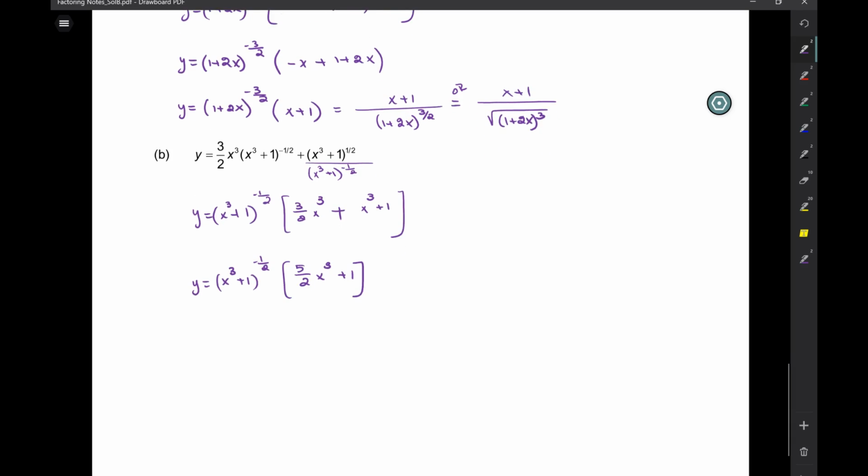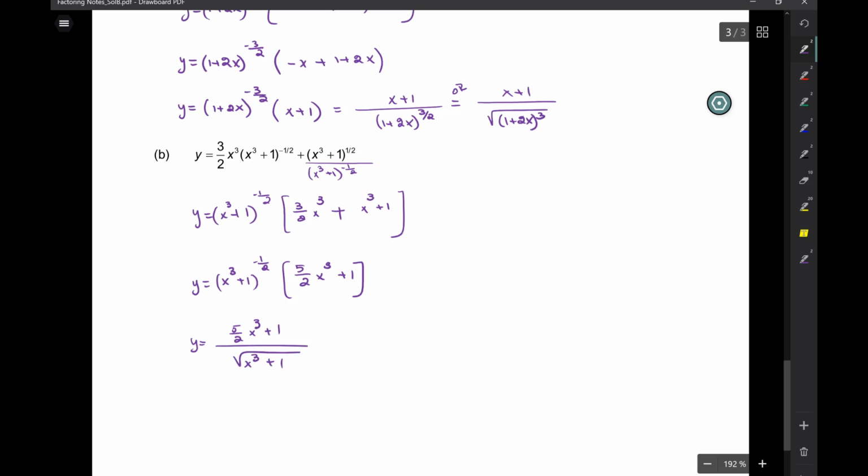Same situation. This is 5 over 2 x cubed plus 1 over the square root of x cubed plus 1. Okay?